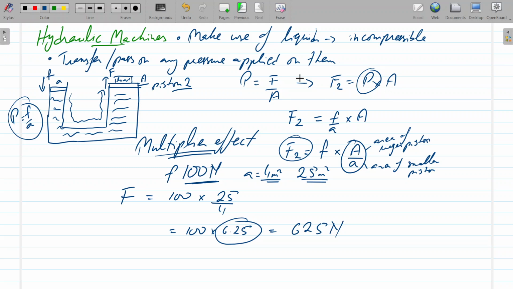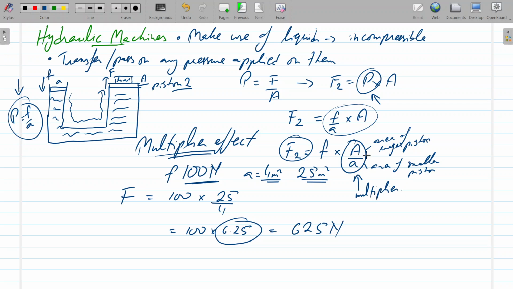The pressure is the same through the system, so we substitute the formula for pressure at piston 1 over here. We get this. We rearrange it slightly. Instead of F upon A, we do F multiplied by capital A over small a. It's the same thing, just a different way of writing. And so this gives a multiplier effect. Why?